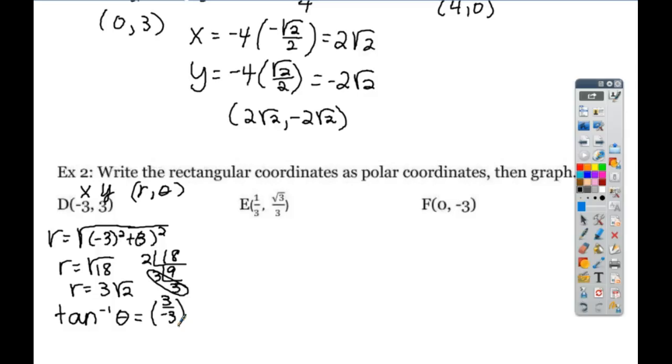So 3 divided by negative 3 is negative 1. All I need is 1. Where is the tangent 1? Pi over 4, right? And then my x is negative, so what do I have to add? Pi. So my theta is pi over 4 plus, I want to add pi.